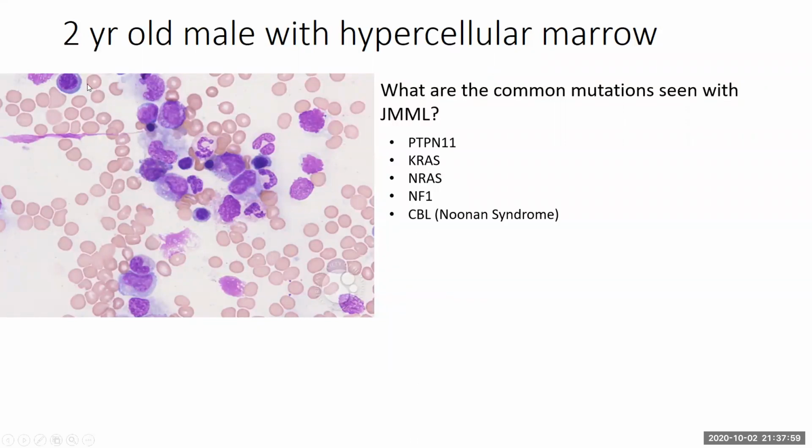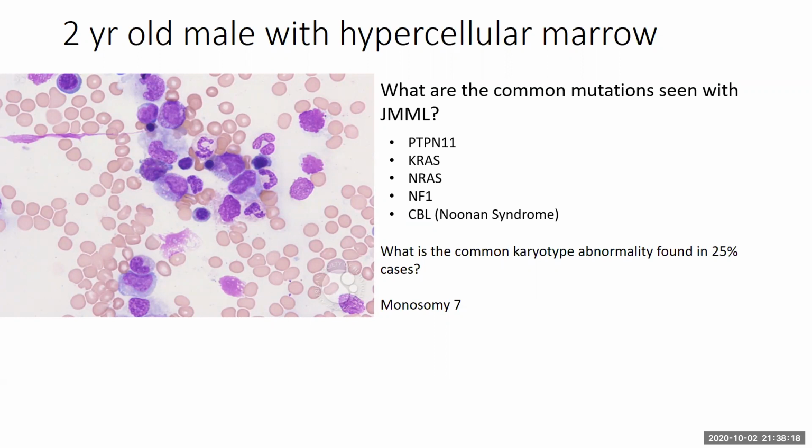And then you also have PTPN11 as well as CBL, which is associated with Noonan syndrome. Another thing to keep in mind is that the common karyotype abnormality is monosomy 7 in these.